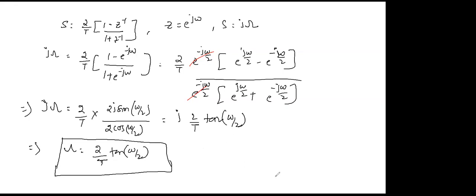Yes, sir. Now see, if I discuss a little more, then what can I comment? Let this be your S plane and let this be your Z plane. Now see this equation, capital omega equals 2 by T tan of small omega by 2.